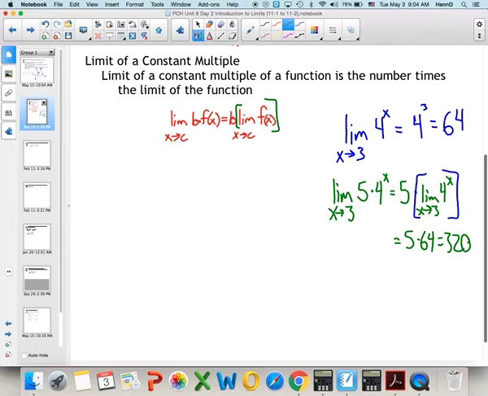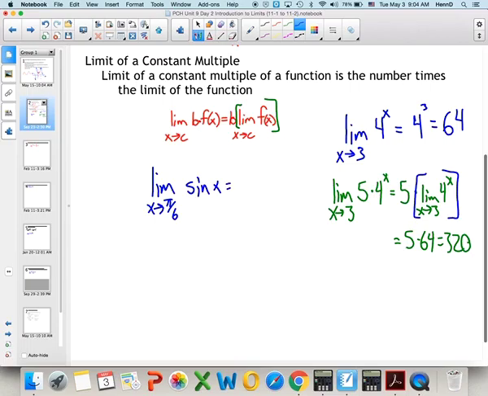What if the function is like sine x? That would work too. Let's think about it, because that'll show up. Let's say the limit as x approaches pi over 6 of sine of x. Now you know sine of x is continuous. It's defined for the whole domain, all real numbers.